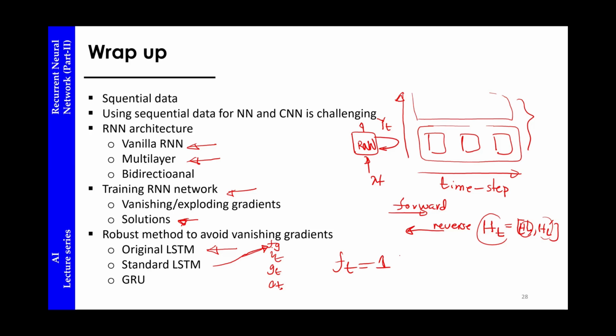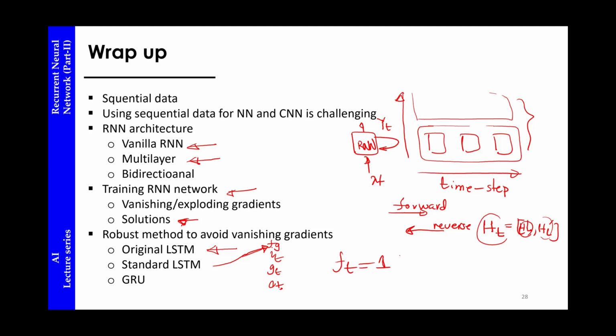It means that we're keeping the forget gate open at the beginning of the training, and then over time the model learns which information should be forgotten and which information is unimportant and should be excluded from the input.